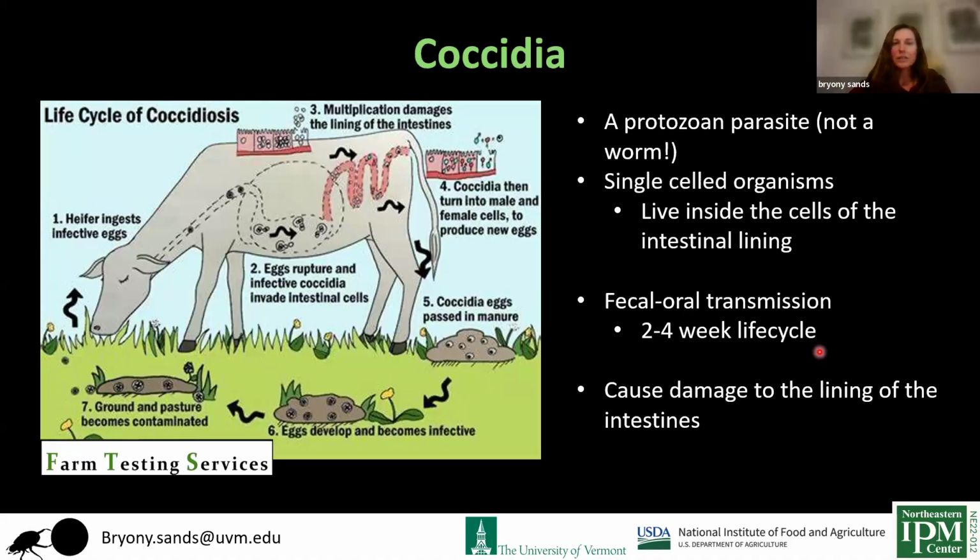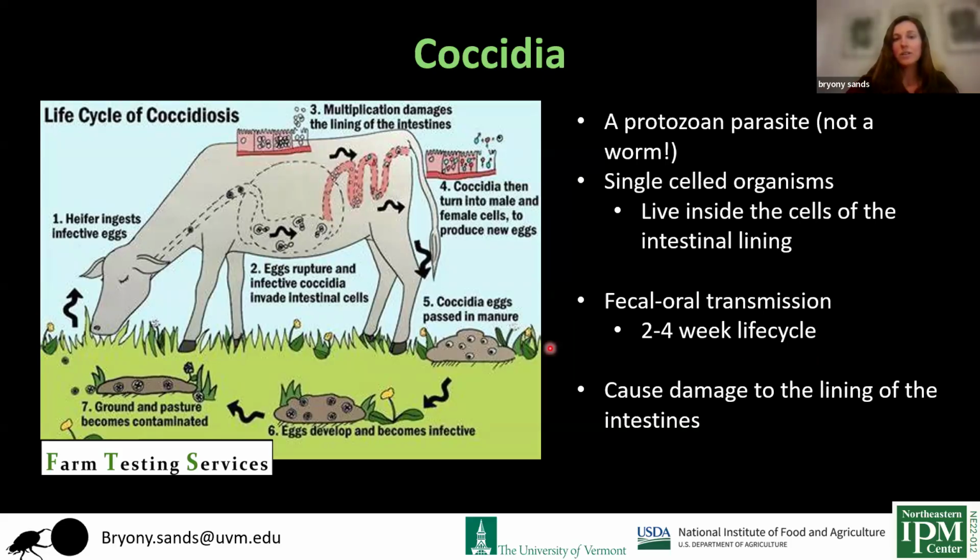So the last one is coccidia that I'm going to mention today. Coccidia is a protozoan parasite, so it's not a worm. It's basically a single cell, and it lives inside the cells of the intestinal lining of the cow. Because it lives inside those cells, when it multiplies in the cow, it can really damage the lining of the intestines.